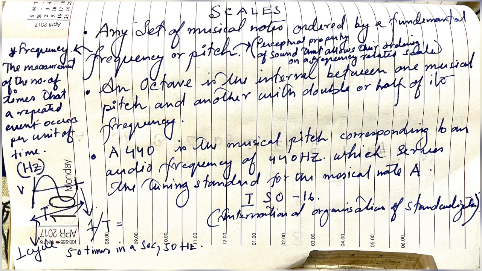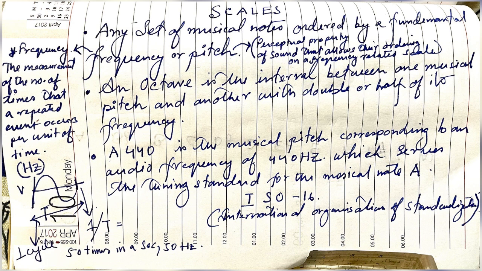You take some note and order it by the frequency or the octave. You begin with the lower octave of C and finish on the higher octave of C. In the distance from the lower octave to the higher octave, you put the notes in a certain order and you get scales.